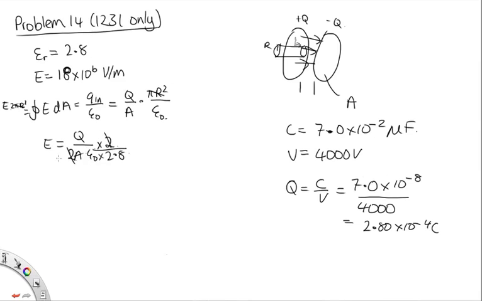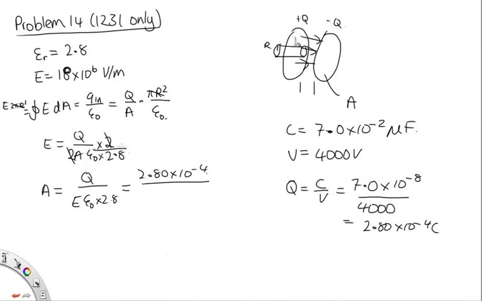Okay, so we now have an expression for our electric field, and we are told what the maximum electric field is. So we should now be able to substitute everything into this expression to find our area. So our area will be equal to Q over E epsilon naught times 2.8. So Q is 2.80 times 10 to the minus 4.